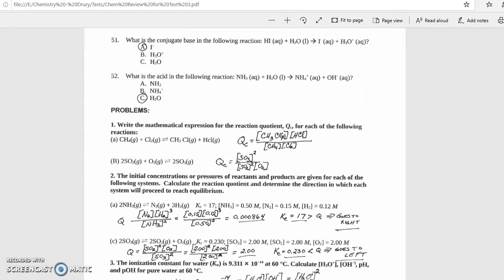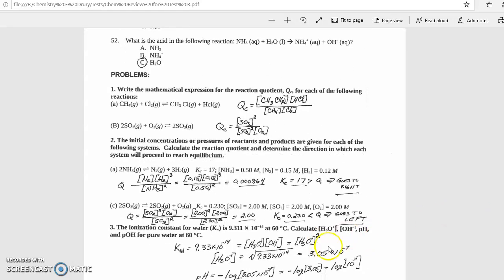Now let's go on to the problems. Again, mathematical equation for the reaction quotient, and it's the concentration of the reactants in the denominator, concentration of the products in the numerator, right?